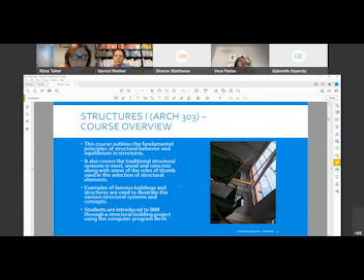After we're done with that first part, we go to the second part of the course that covers the traditional structural systems and examples of famous buildings and structures that illustrate the various structural systems and concepts. In Structures 1, we also do a project using Revit, which is a steel building project.